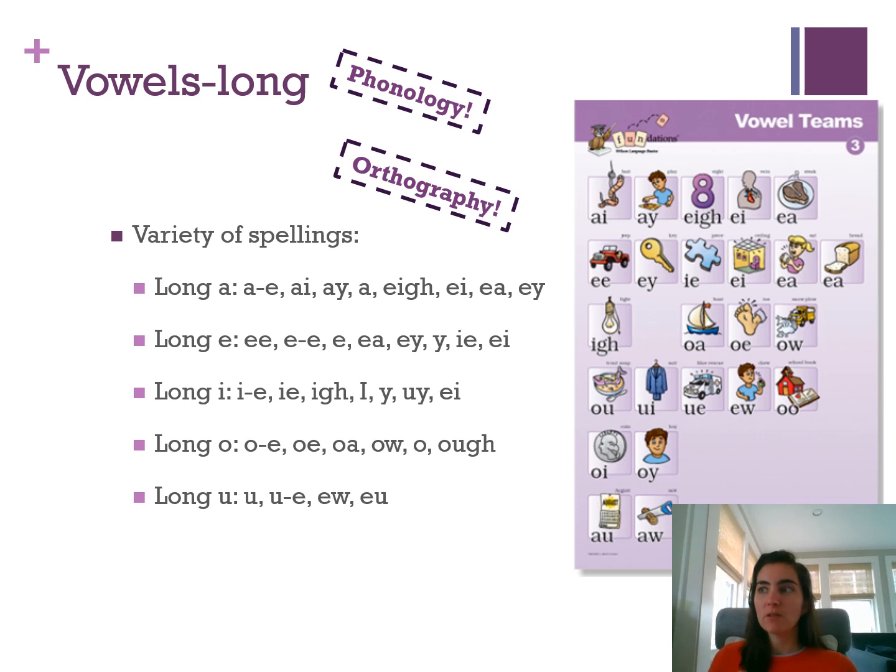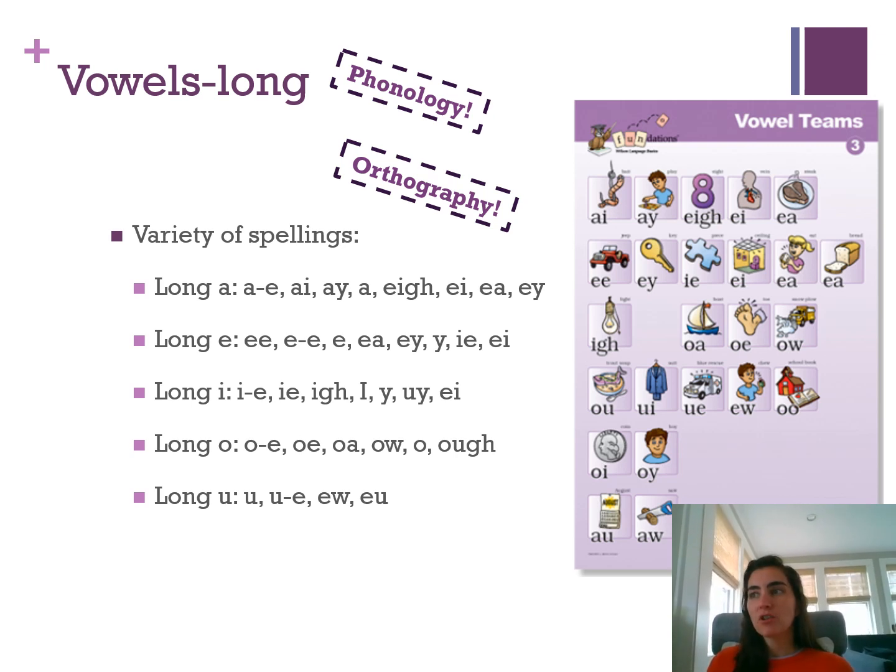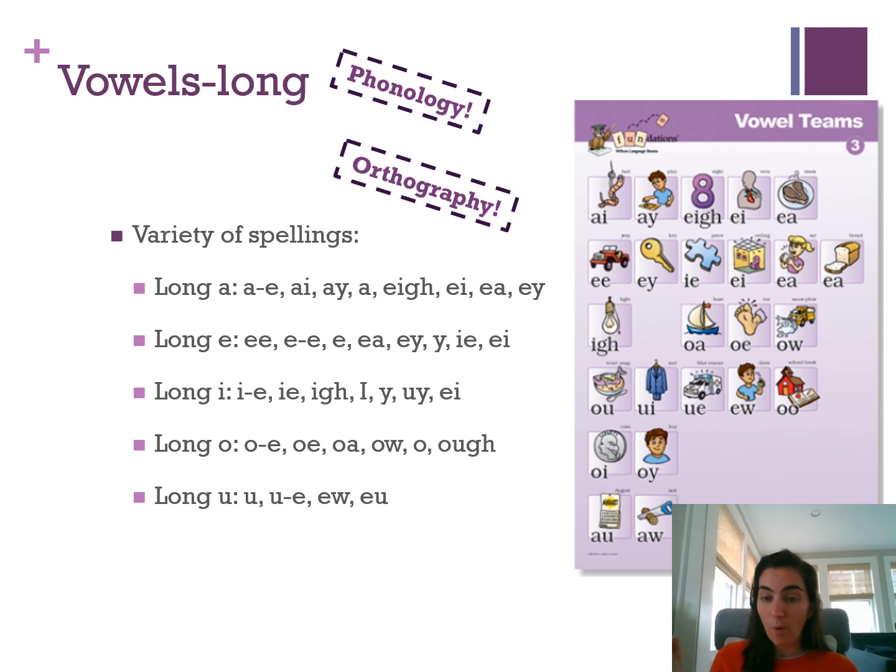A lot of times in those big core programs like Journeys or Reading Street or Wonders, it'll have a word list with EE, EI, EA, all these E spellings, and they don't actually teach the kids why some words get this spelling and others get that.